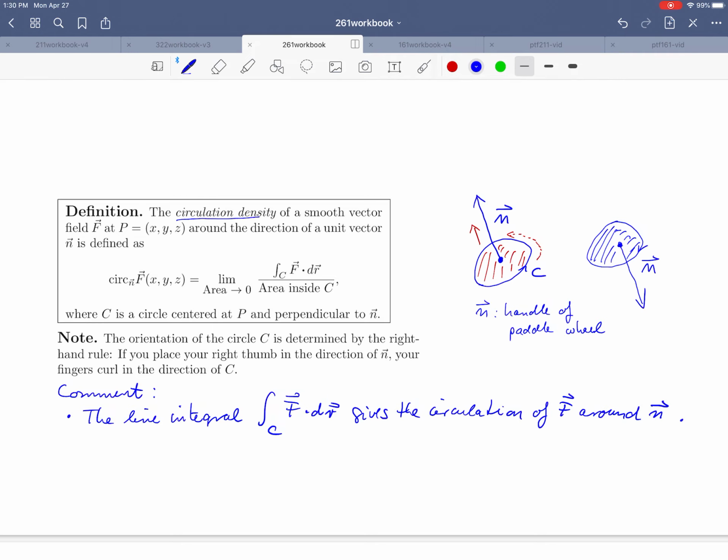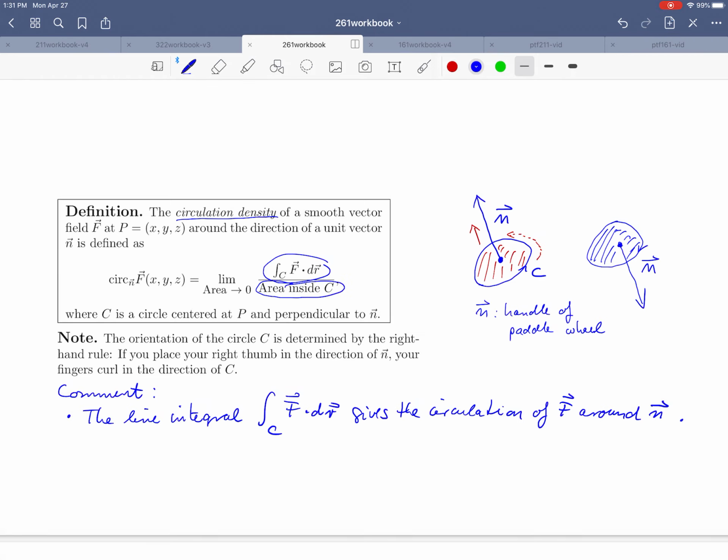So we would like to define the idea of circulation density of a smooth vector field f at a point xyz around the direction of a unit vector n. And to define that, we are taking the circulation that we just said we can measure with a line integral, but we are going to divide by the area inside of the circle that the line integral is around.